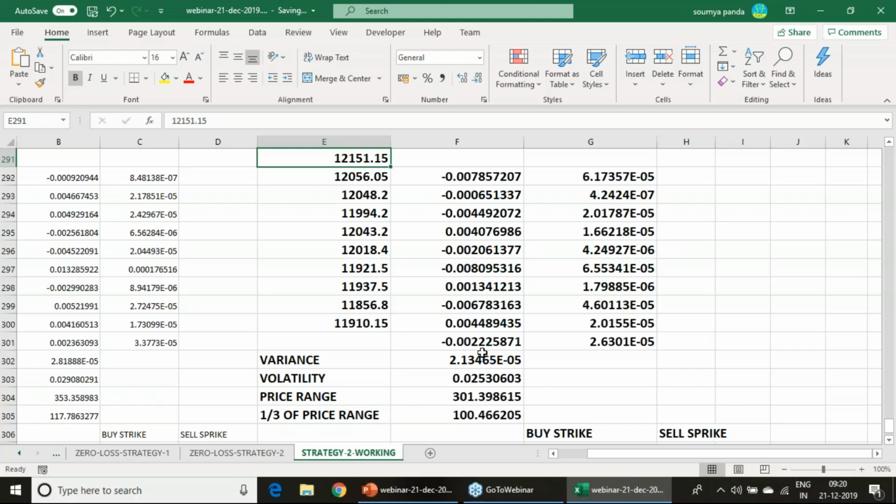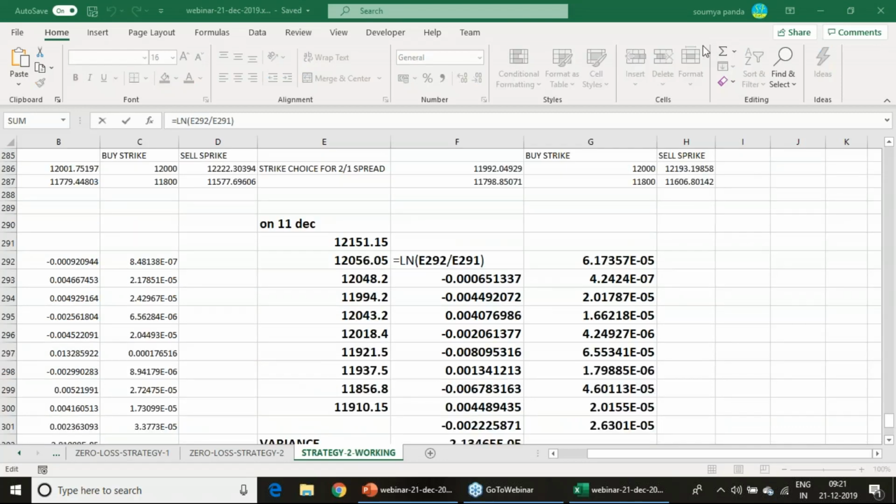All of you know how to calculate volatility using past data, or does anybody want the explanation? I am using the logarithmic parameter, the logarithm of the new data divided by the old data.